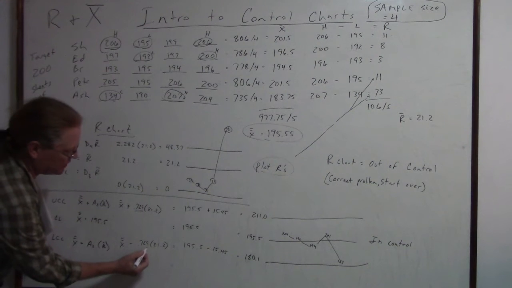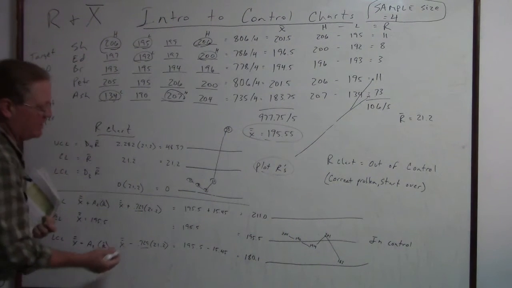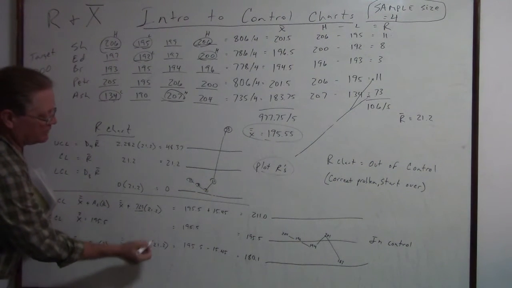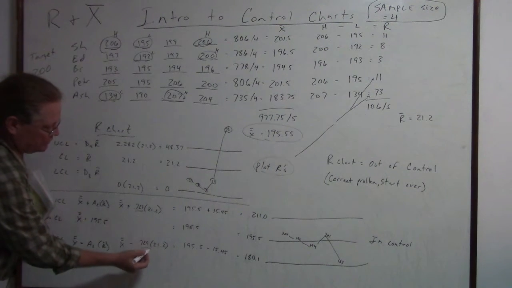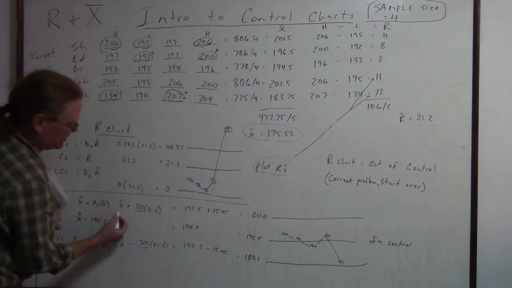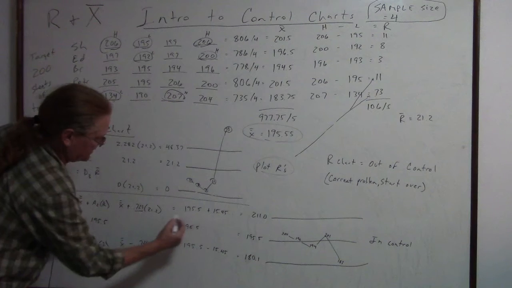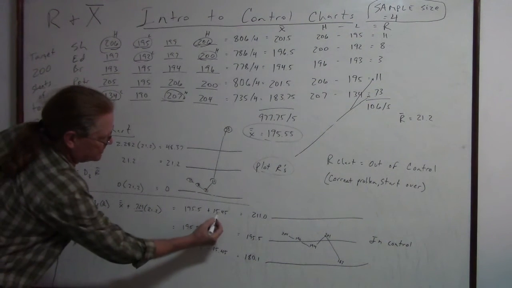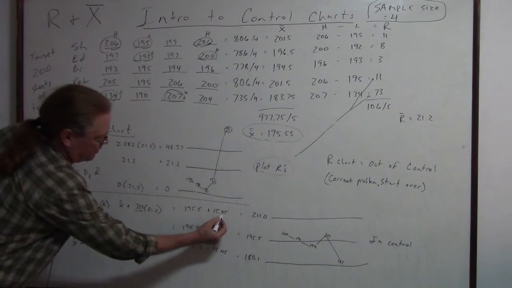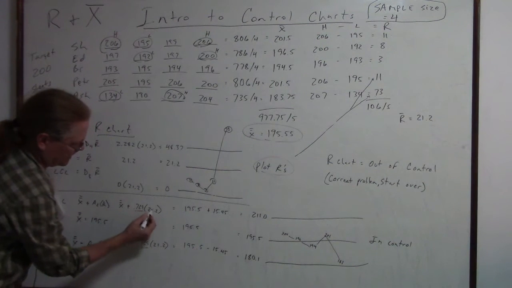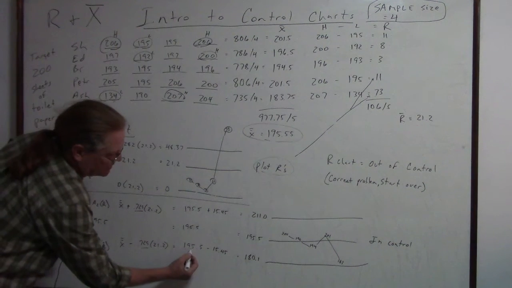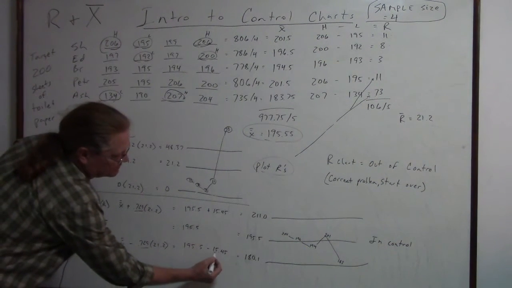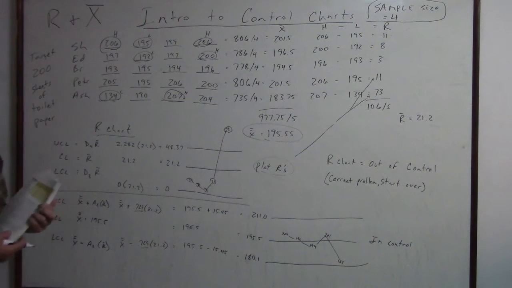We'll use it on the bottom and on the top. And we'll multiply both of them by 21.2. So when we do that, we get 195.5 plus 15.45, which is what that is. And here we have 195.5 minus 15.45.